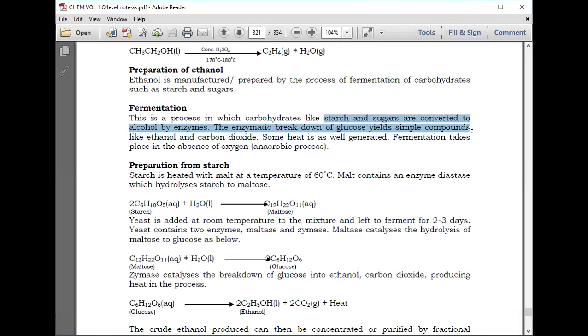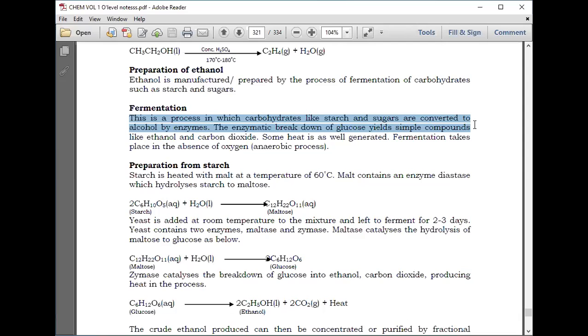I repeat, fermentation is a process by which carbohydrates like starch and sugars are converted to alcohol by enzymes.